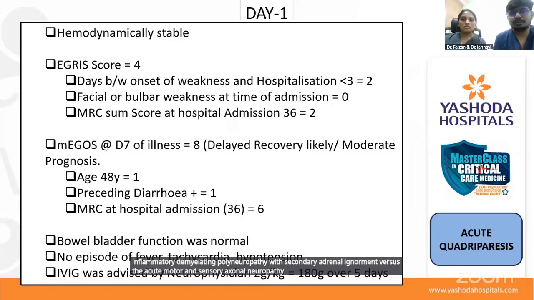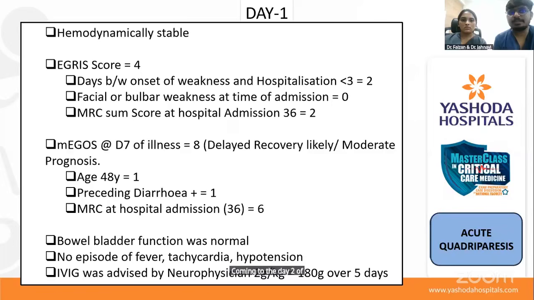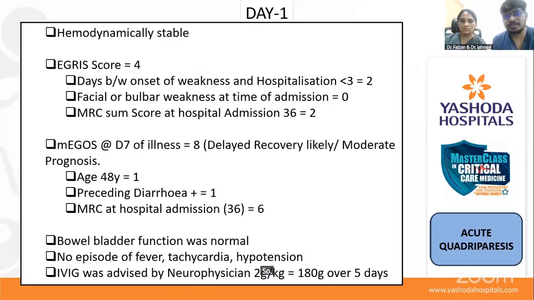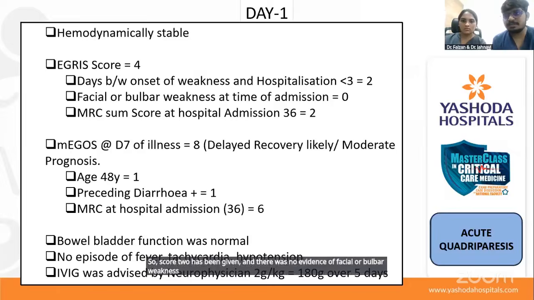Continuing with the day 1, patient was hemodynamically stable, and EGRIS score was calculated. The days between the onset of weakness and hospitalization was less than 3 days, so score 2 has been given, and there was no evidence of facial or bulbar weakness at the time of admission, 0.